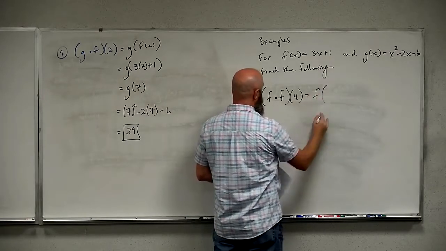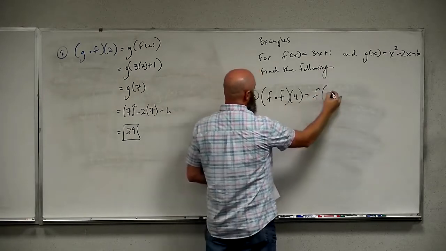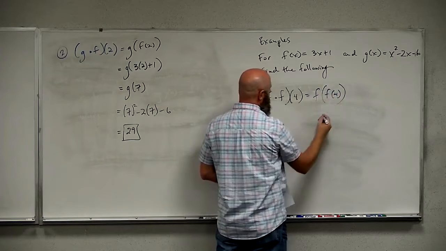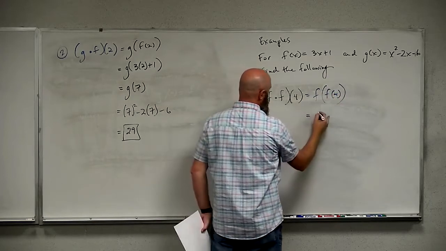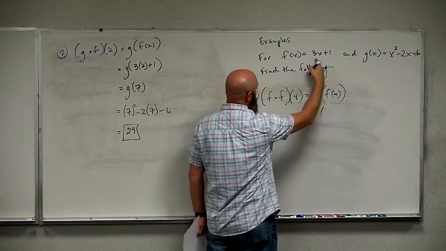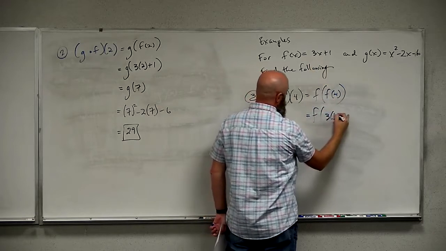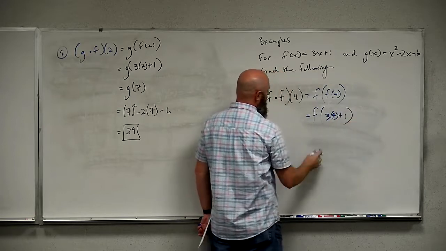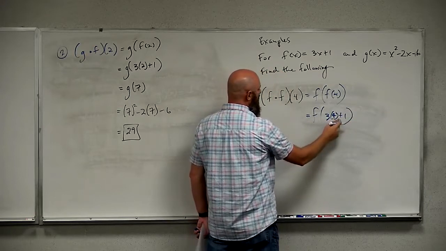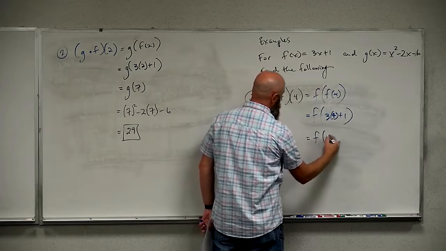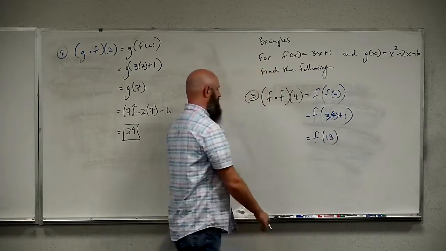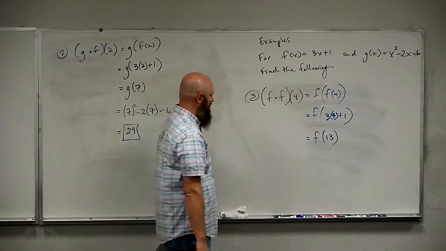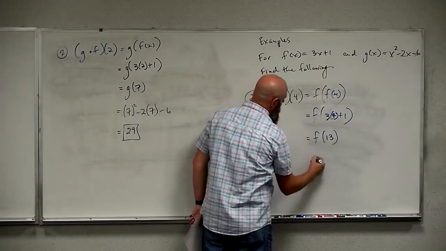All right, so we want to do f of 4. So f of 4, we plug in here. So we get 3 times 4 plus 1. 3 times 4 is 12 plus 1 is 13. We take the 13 and plug in to f.